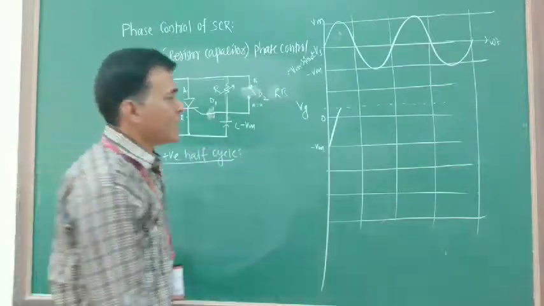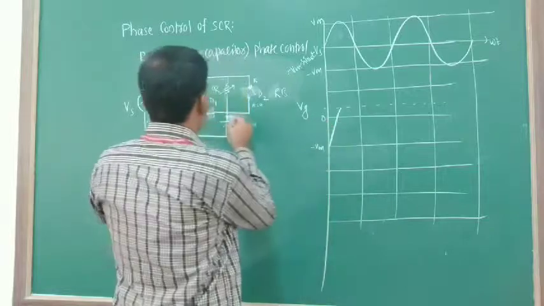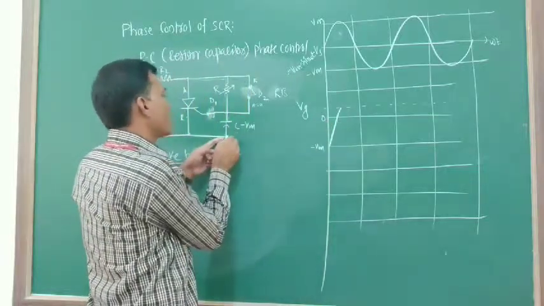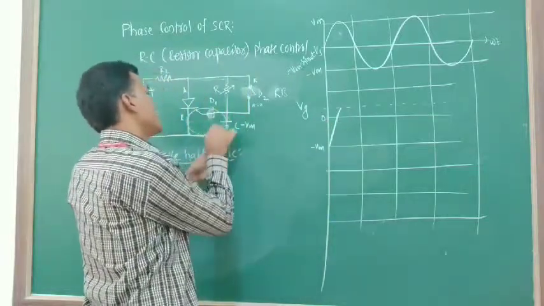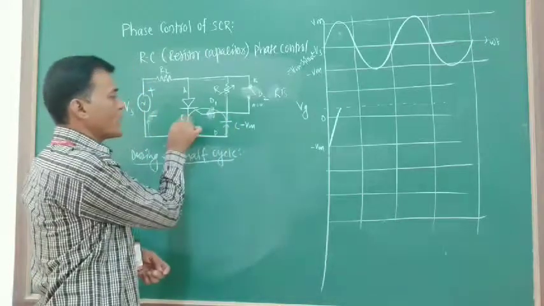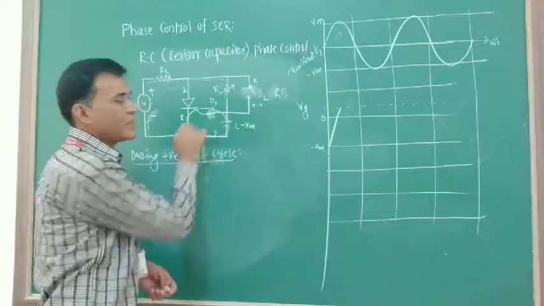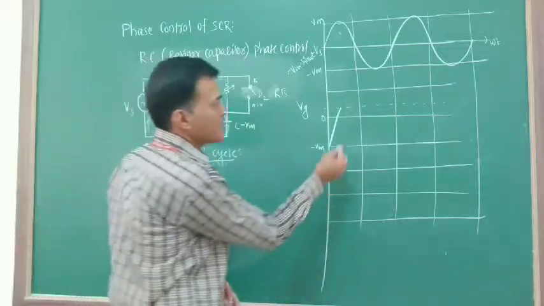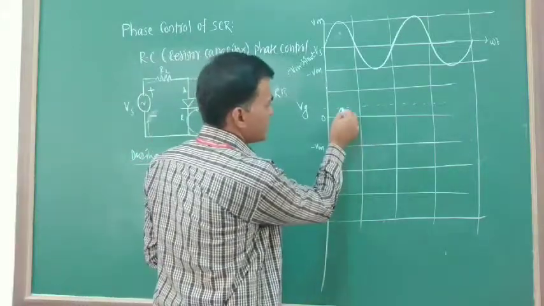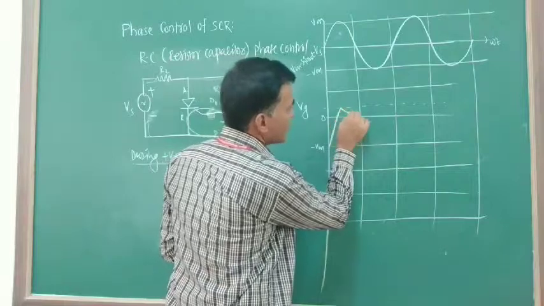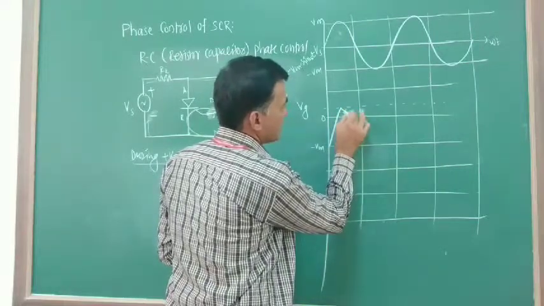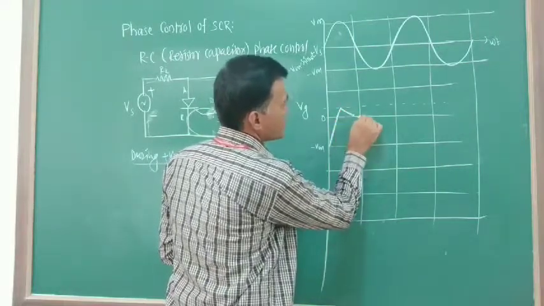So when the SCR gets turned on, the voltage across this capacitor is discharged through the gate to cathode junction and comes back. So this is the path for discharging the capacitor. The capacitor gets discharged, so it comes to 0.